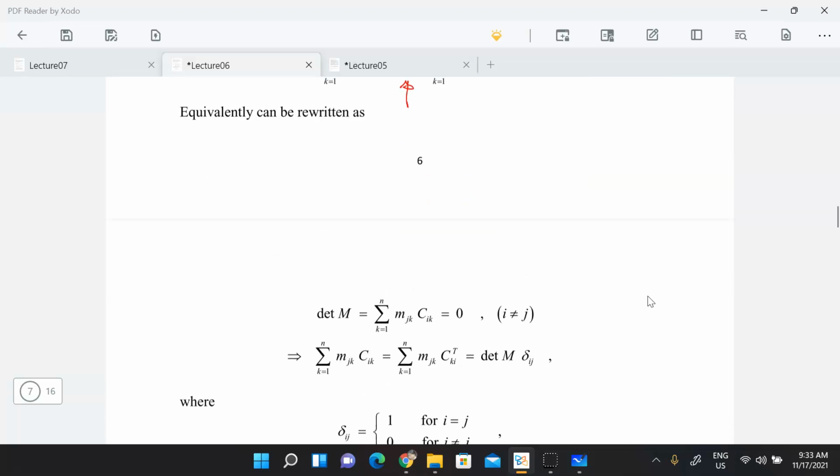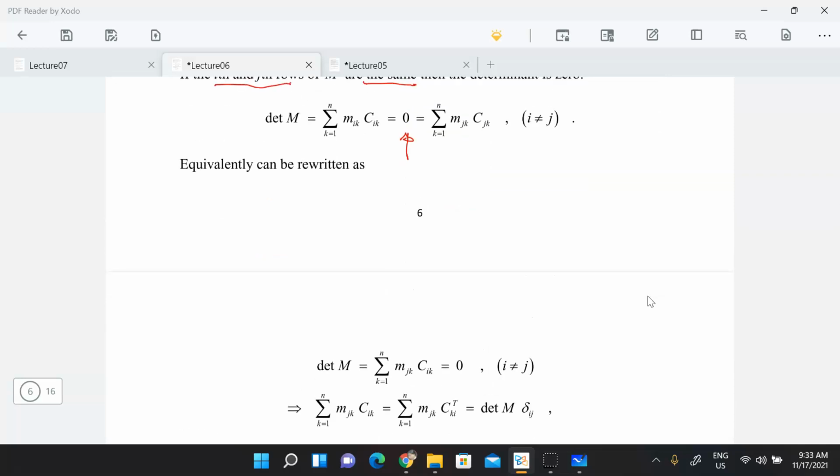Or I can rewrite the above equation. Here I'm using i here, i here, j here, j here. Since i and j are the same, I can replace one of them by j. For example, over here, let me write this carefully, and we retain the other i in this thing.